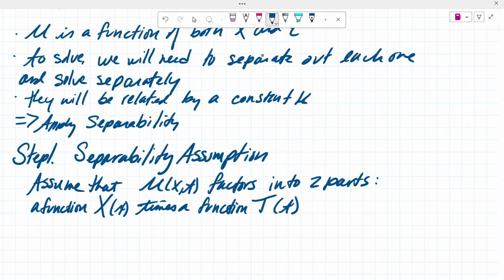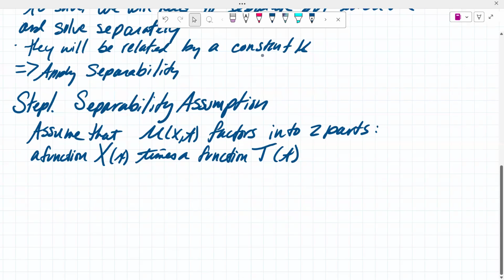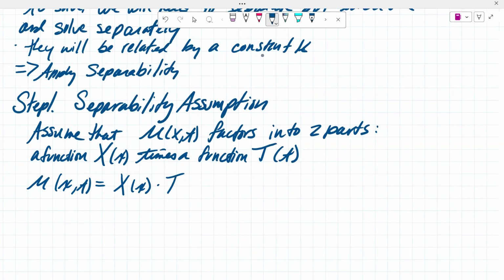What this basically means is we have some function, whose name is just this capital X, that is a function of the position information, the little x, times some function T, our time function, which is a function of the actual t variable. If that were true, then we could write u of x and t, the original function that tells about the displacement, equals some function X of x times some function T of t. That's the separability assumption.